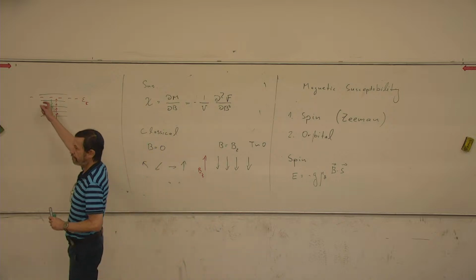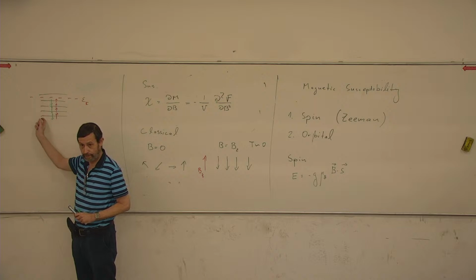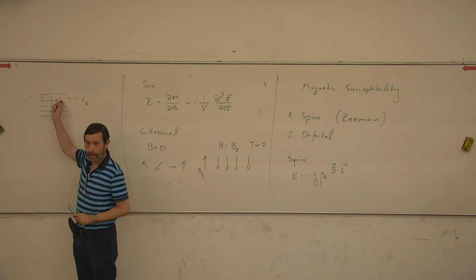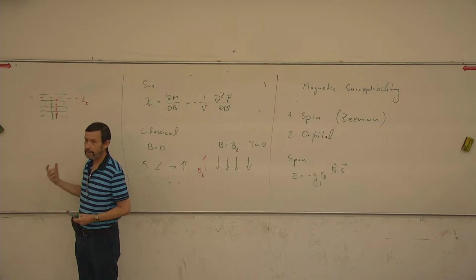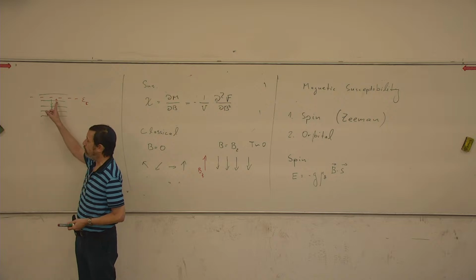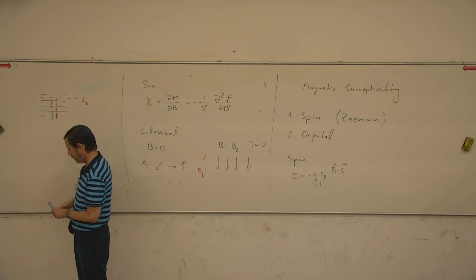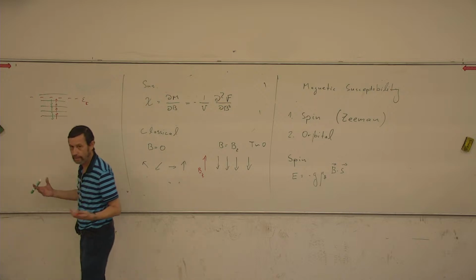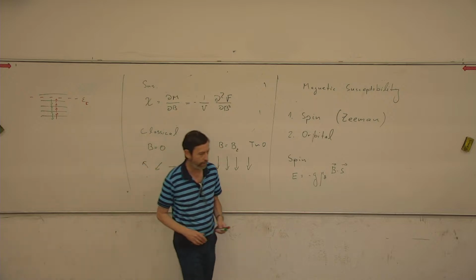These guys are happy. These guys are unhappy. But as long as it's small, if I switch this on, now let's assume we have some finite magnetic field. What will this finite magnetic field do?